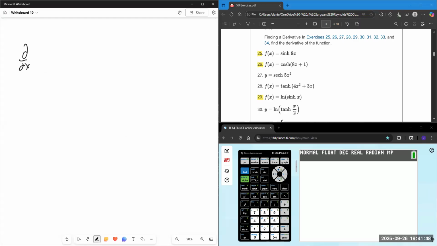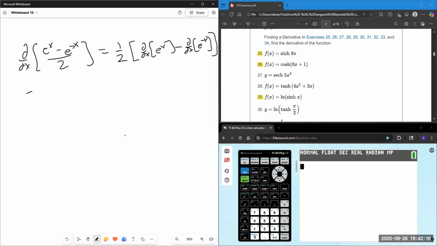Derivative with respect to x of e to the x minus e to the negative x over 2. We might have done this one earlier in homework, but this is 1/2 times the derivative with respect to x of e to the x minus the derivative with respect to x of e to the negative x.